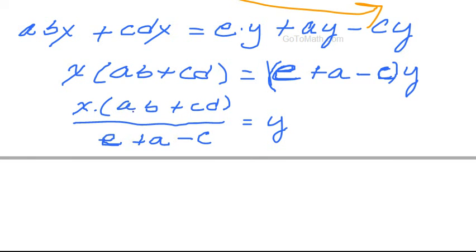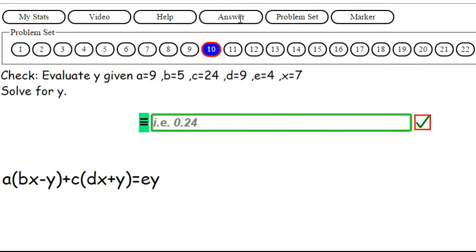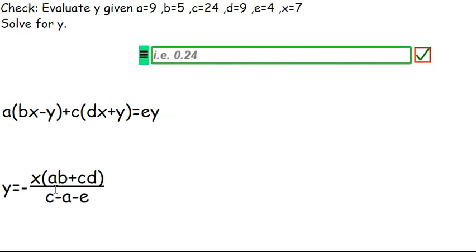Okay, so we have AB plus CD. AB plus CD. Can you remember that? Yeah. AB plus CD over C minus A minus E. And that's exactly what happened. When I worked this out, when I went into the programming here, it looked like for some reason I'd factored a negative out here and put it out front. Who knows why, but I did.